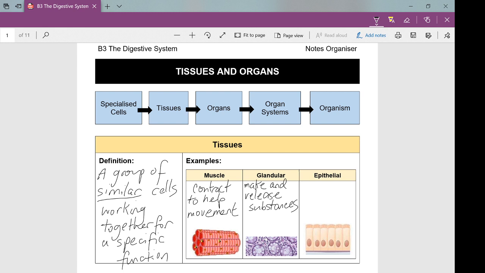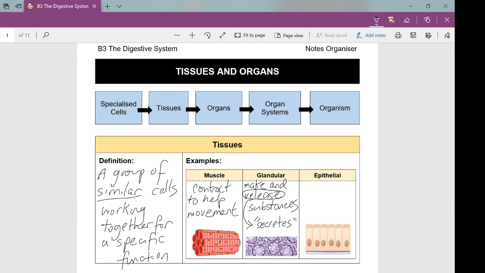Anytime we want to make and release something, and in biology, whenever we say something releases, we usually say the word secretes. Whenever we want to secrete some sort of substance, that's usually glandular tissue doing that.